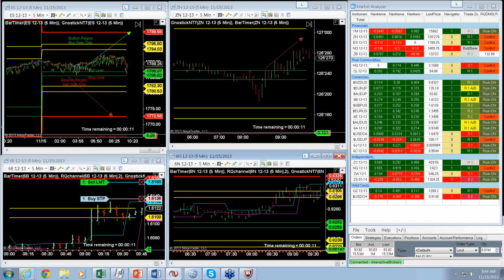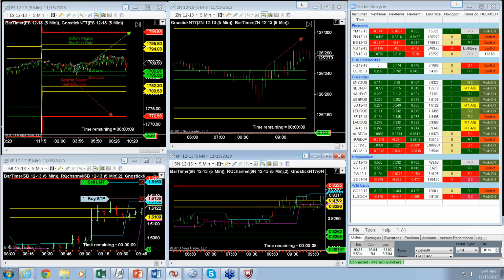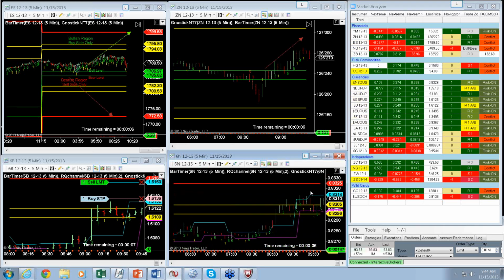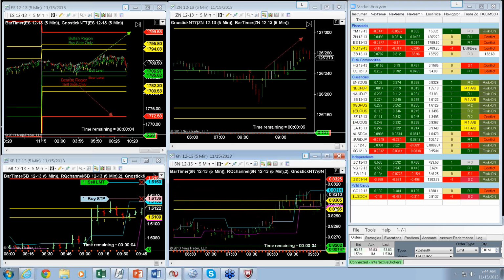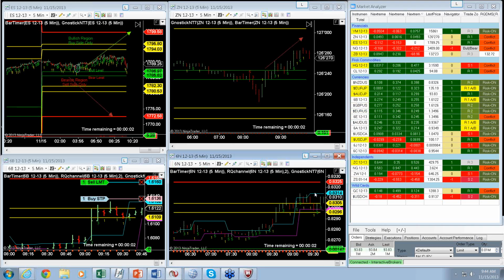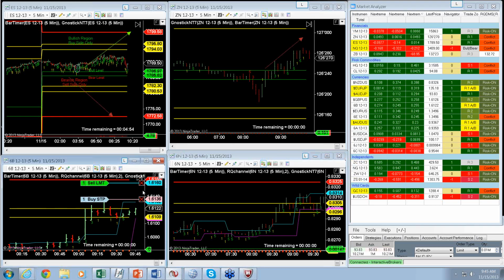Okay. So let's decide which one of these two hold the most promise. I could do a trade here. There's an RQ channel, but there's only 9 points to critical resistance. Here, there's 24 points from where I've got my buy stop and my critical resistance, right?